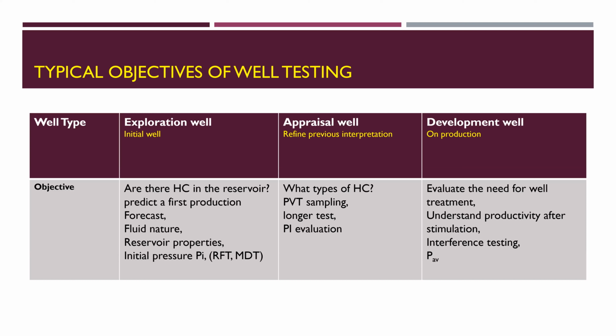And finally, we can estimate the average reservoir pressure. We update our reservoir model, and there is always a fresh database every 6 months in terms of pressure and production to update the model and to estimate the future prediction forecast.